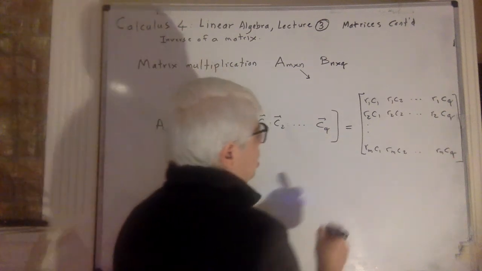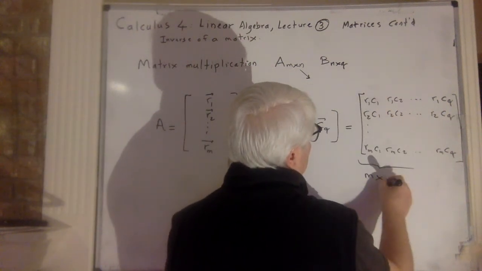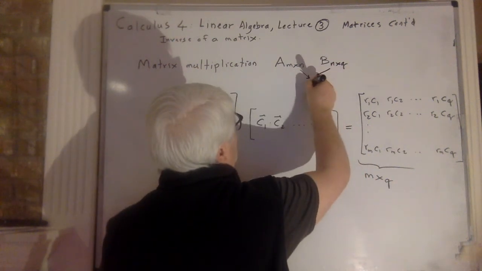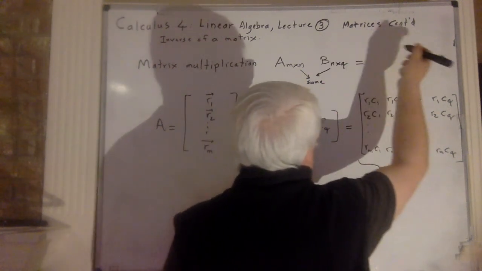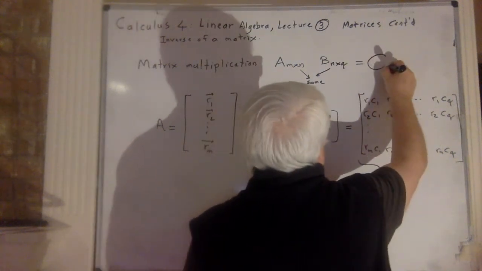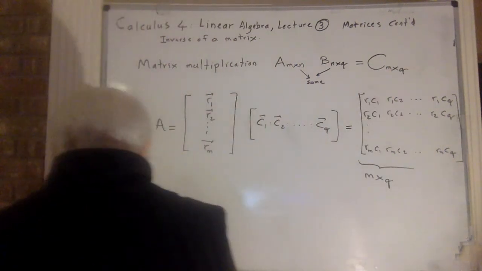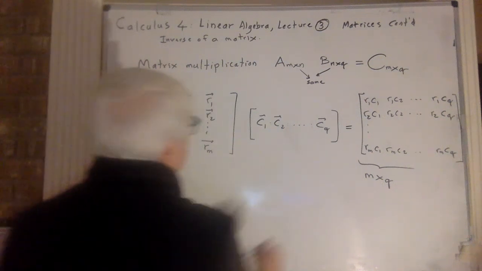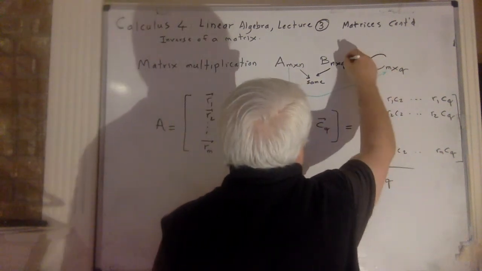And this matrix is M by Q. So these two are the same, and if we call this whole matrix C, then C is M by Q. So the end result is: take this and this.